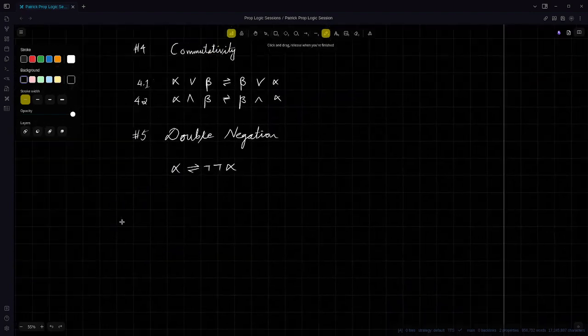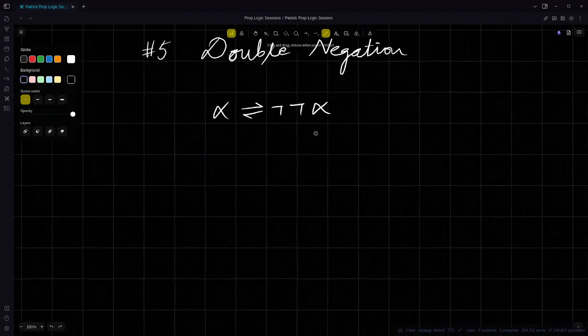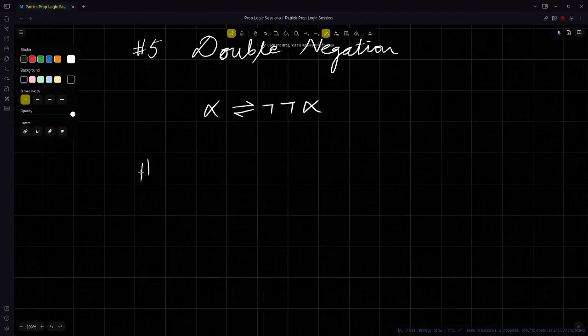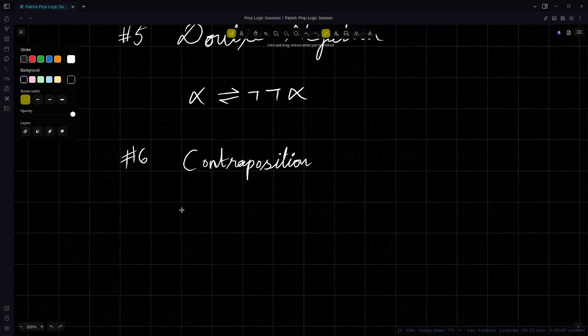Okay, so let's start with the sixth rule of equivalence, and this one is called contraposition. I'll just tell you the rule.